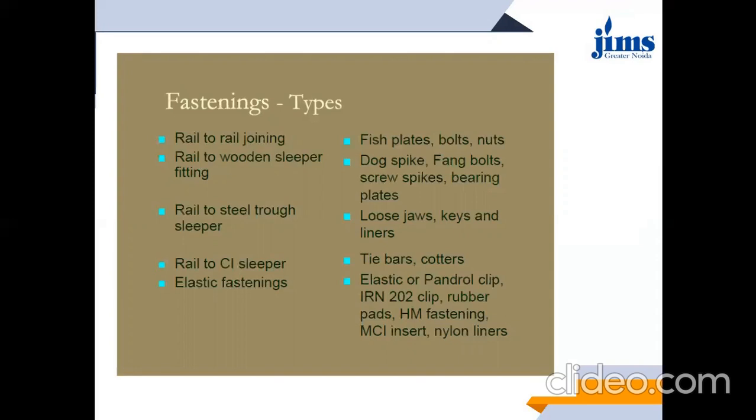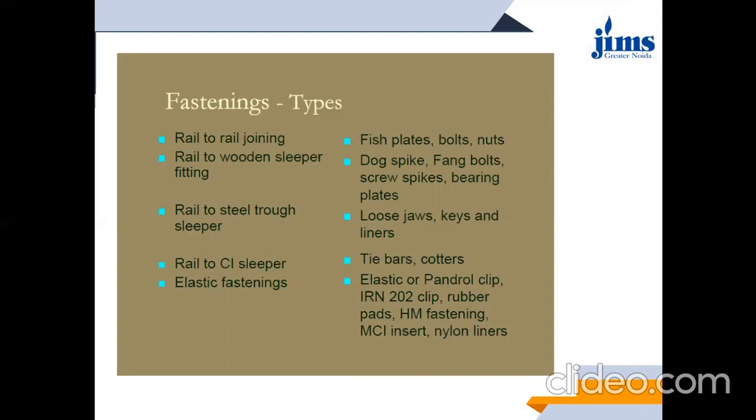Rail to sleeper fastening is a certain classification of fastening. When we fix a rail to the sleeper, it depends upon what kind of sleeper we are using. If you are using a wooden sleeper, then the fastening devices used will be different. If you prefer a steel sleeper, then the fastening procedure and the devices would be different.